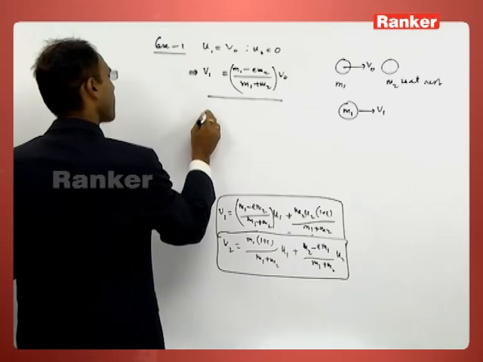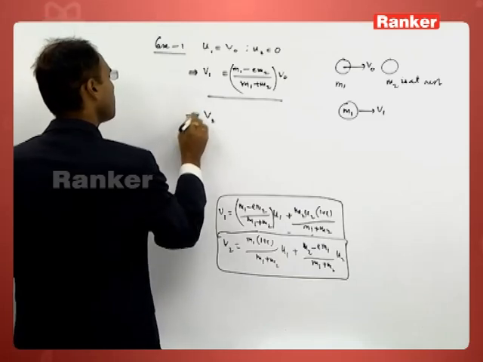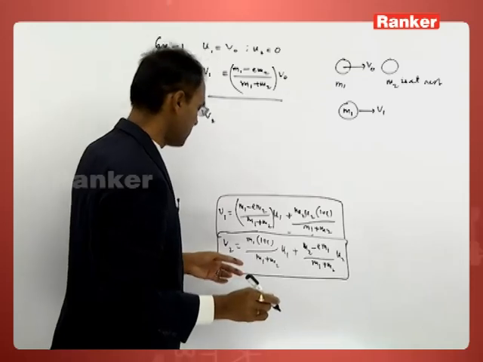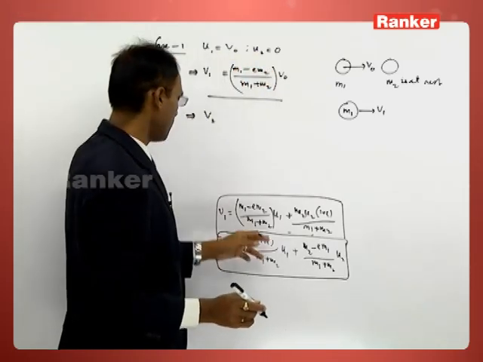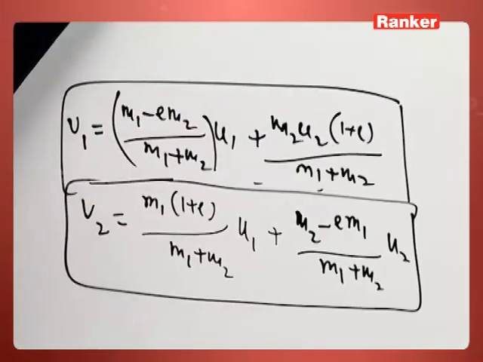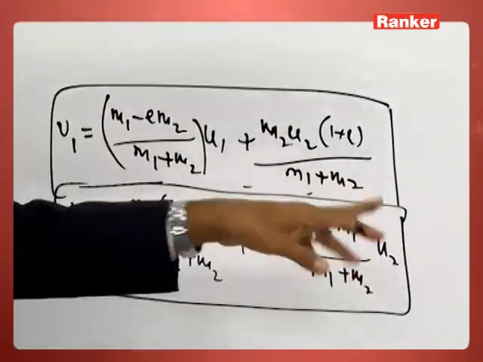Similarly, the velocity of the second body just after the impact can be calculated by putting U1 equal to V0 and U2 equal to 0. The second term will go.